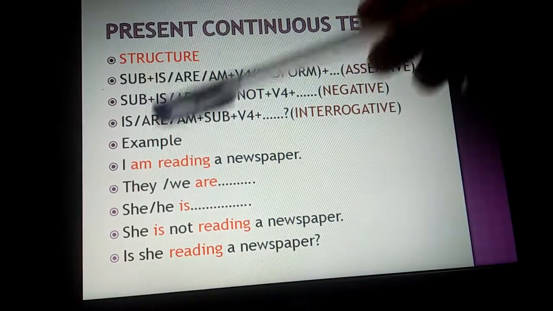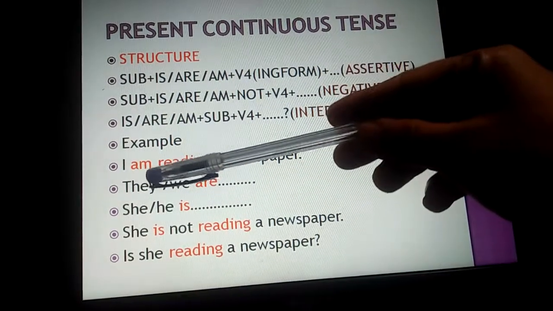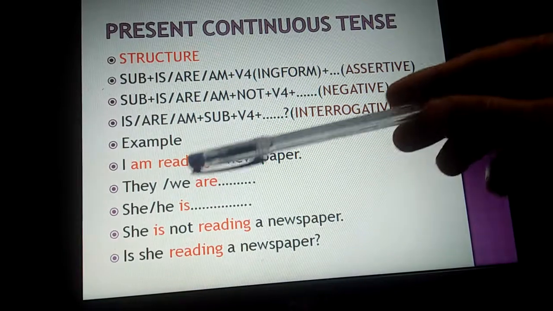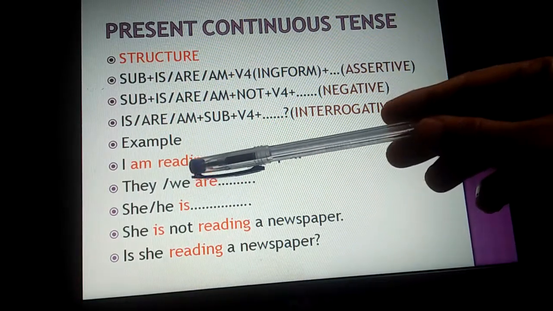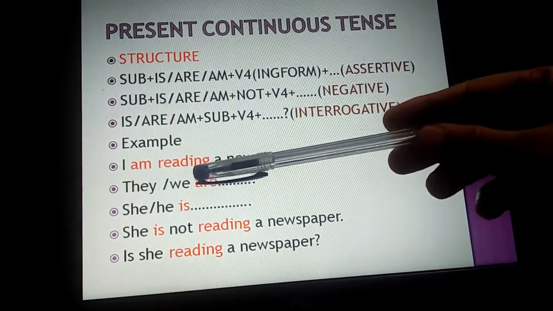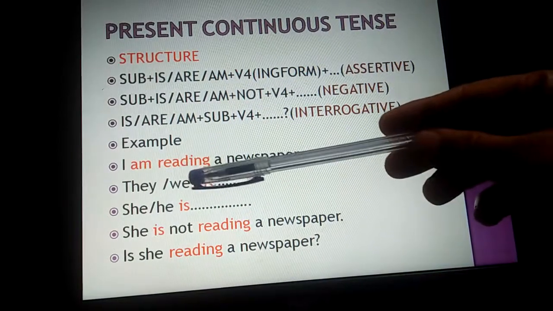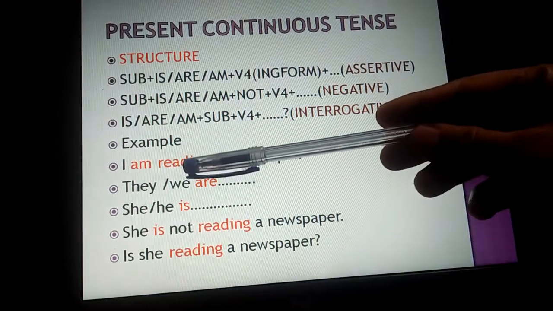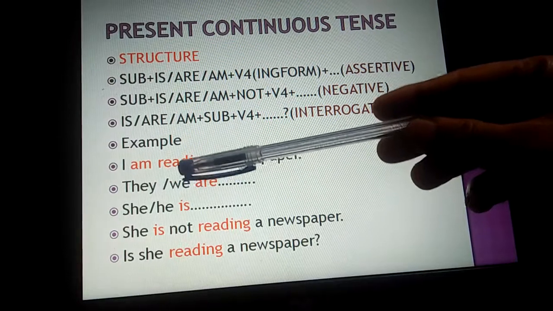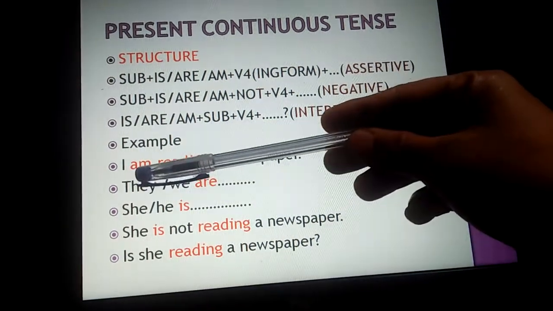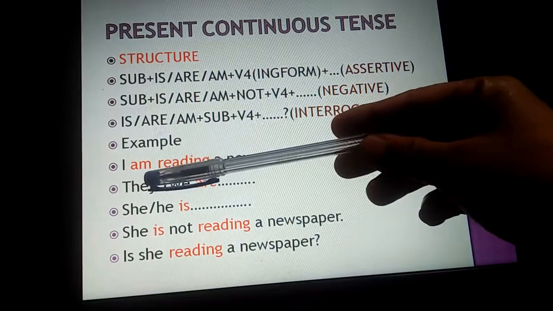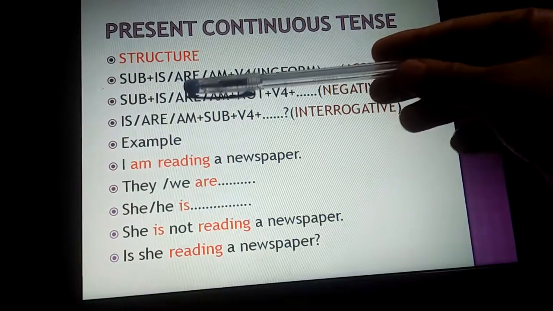Now for example, I have written with I: am, ing form of the verb. When you look at ing, that means it is continuous. Now how to understand which continuous, whether it is present, past or future? For that you have to look at the helping verb. In present continuous tense, we use is, are, am.